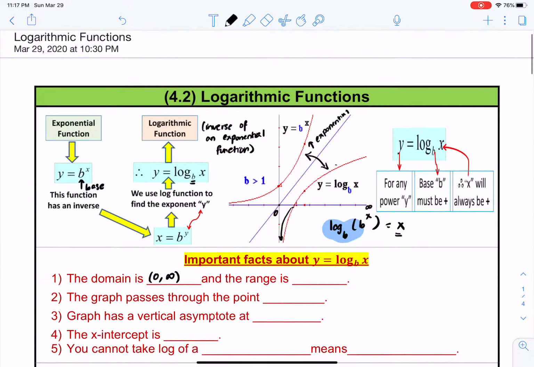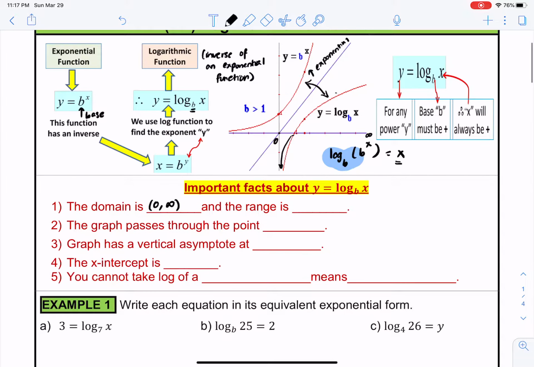We have 0 up to infinity. But you can see zero is a possible value because y becomes 0 there when x is 1.